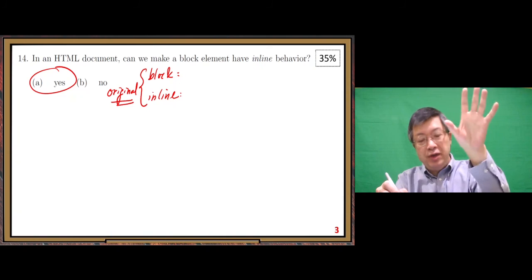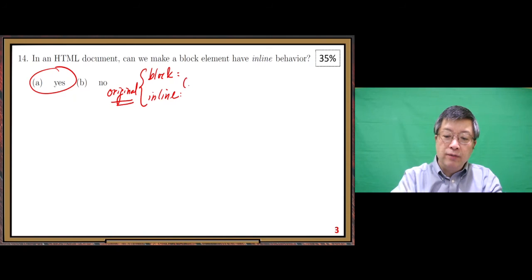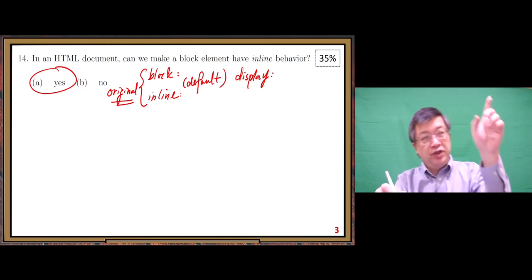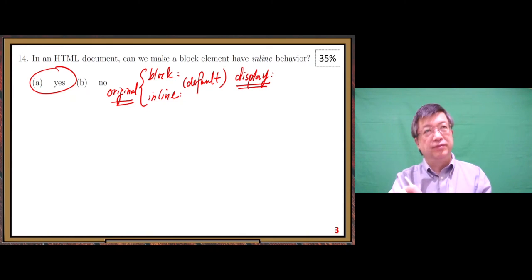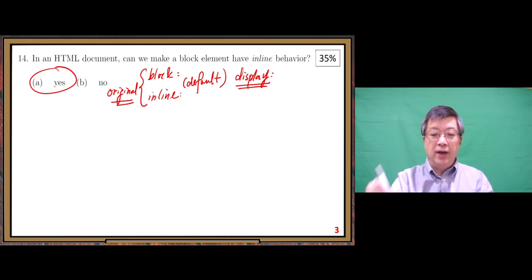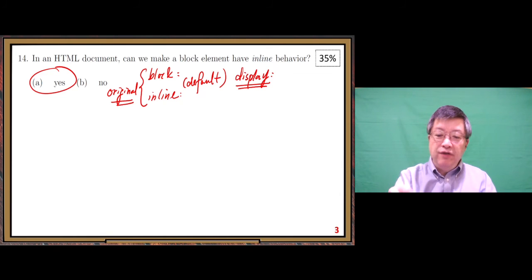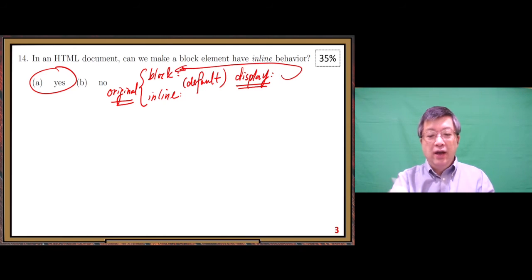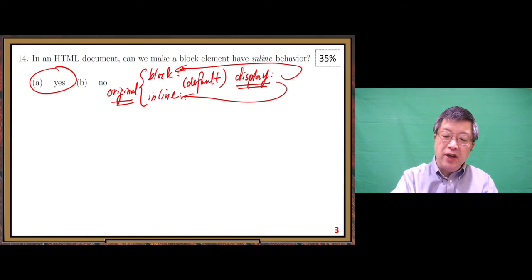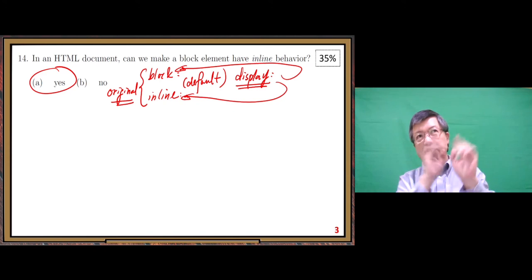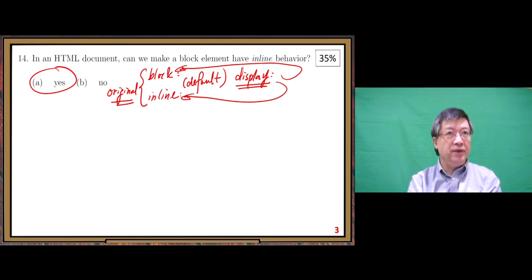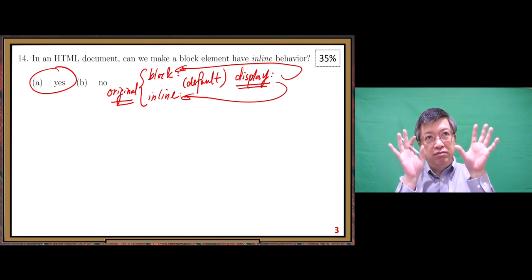For those elements, there is a default display property. For each element, you can set the display property. For block elements, the default display value is block. For inline elements, the default display value is inline. That's the original setting. You just need to know that.